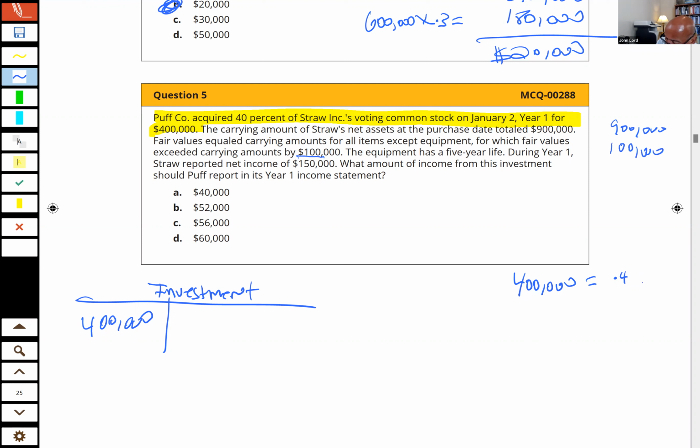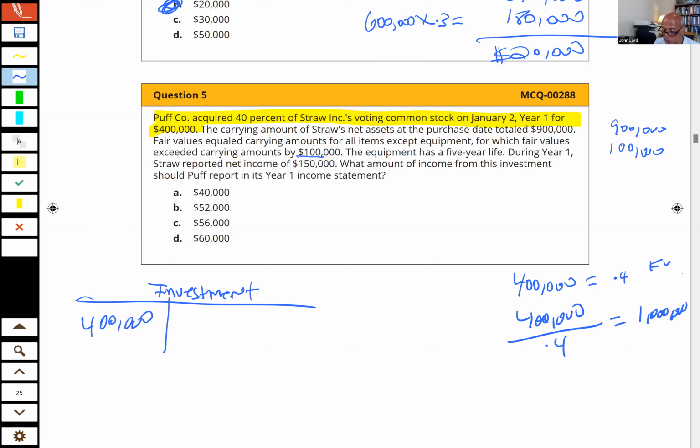I want to figure out what the fair value is of everything here. So the fair value would be 400,000 divided by 0.4, which equals $1 million. The fair value of everything I acquired was $1 million.